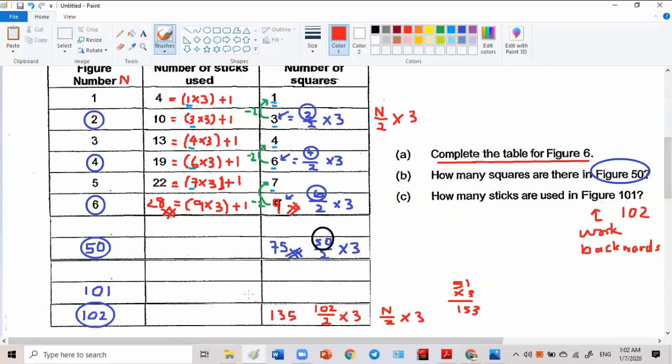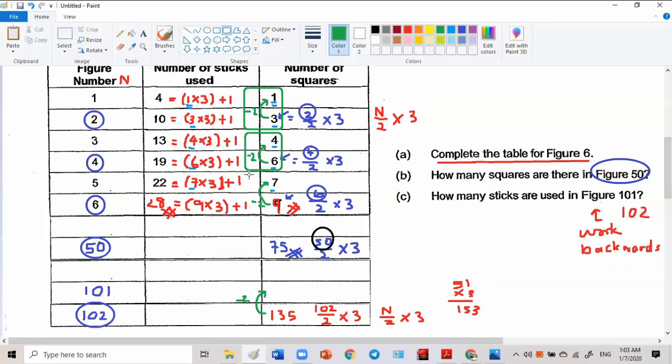So not to forget, if 101, we have to go back by minus 2. Because if they pair up every time, if you want to look at the odd ones, it will be minus 2, as you can see from here. When it's 3, for the even, it goes back minus 2 to 1. When the figure number is 4, the number of squares is 6, but it goes back for the odd ones by minus 2.